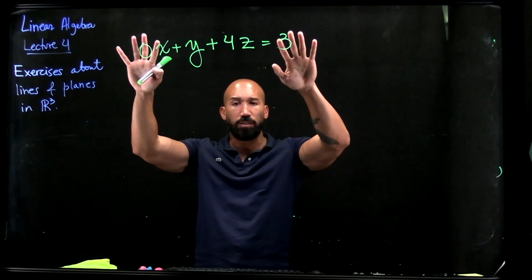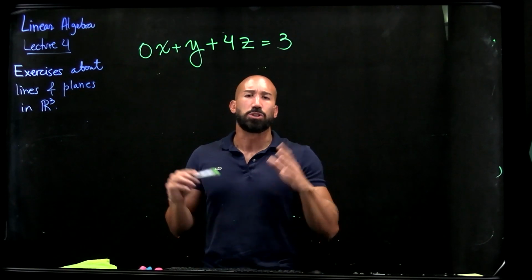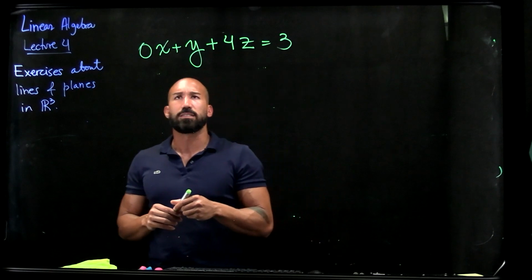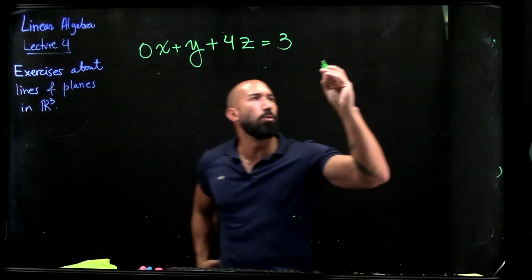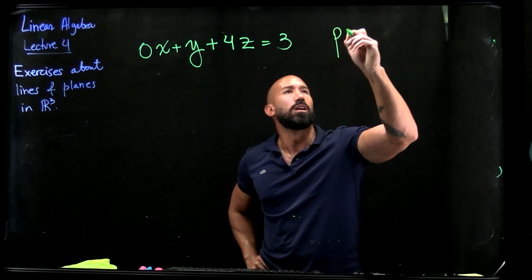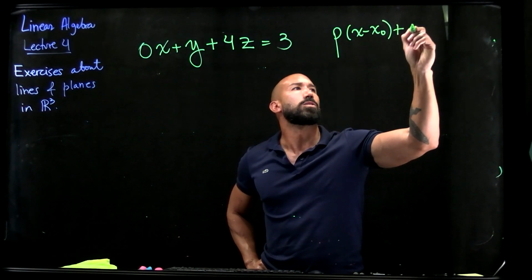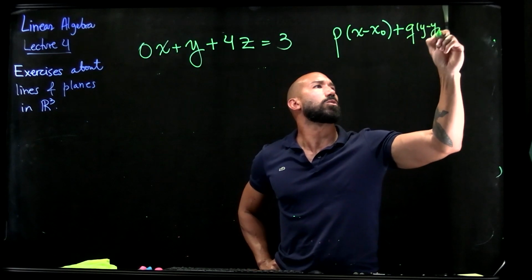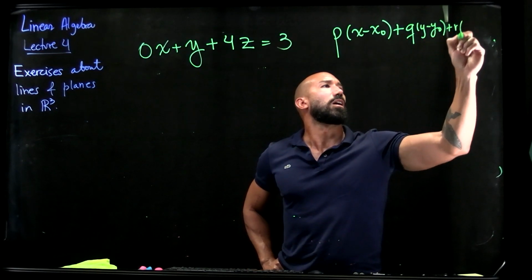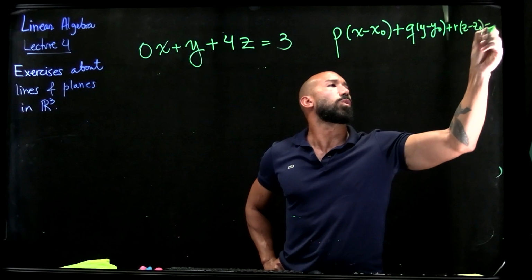Okay, I don't have x. But if I look at the equation of this plane, which I can rewrite this way. Look at the normal equation of a plane. How do we write it? p times x minus x0 plus q times y minus y0 plus r times z minus z0 equal to 0.